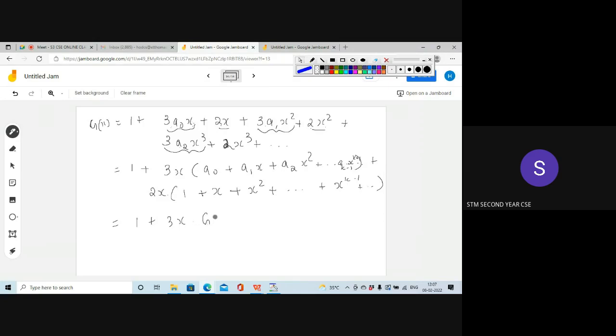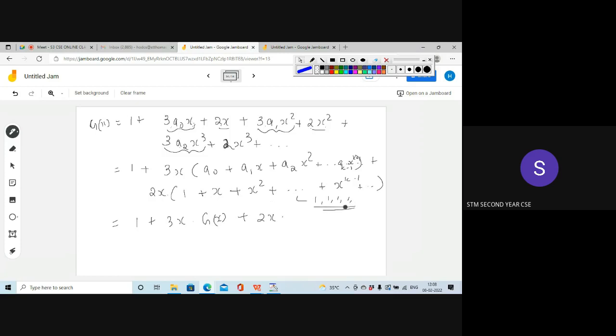It is our g of x, the general form of g of x. G of x is a0 plus a1x plus a2x square, isn't it? Plus this 2x into, what is 1 plus x square? The sequence generated here is 1, 1, 1, 1, isn't it?